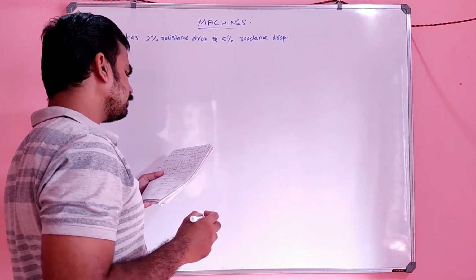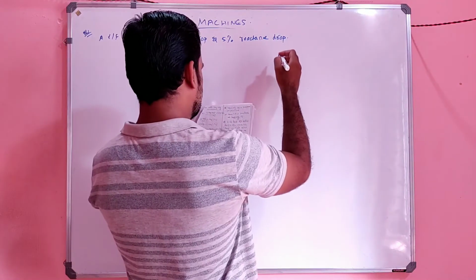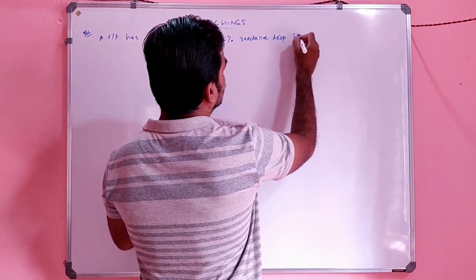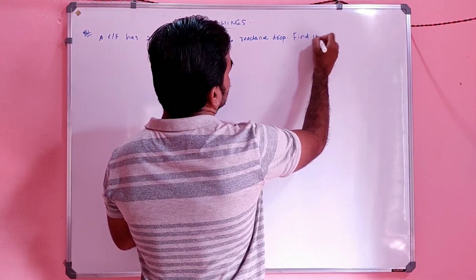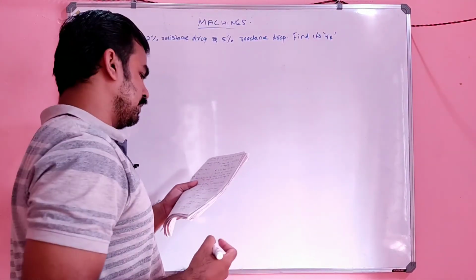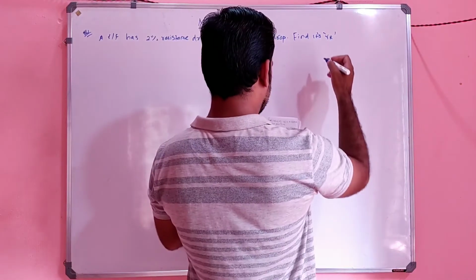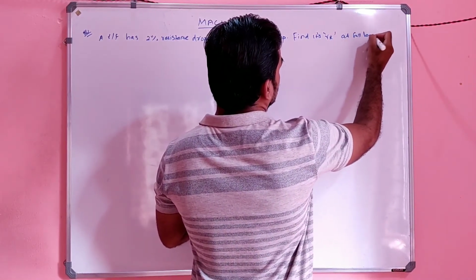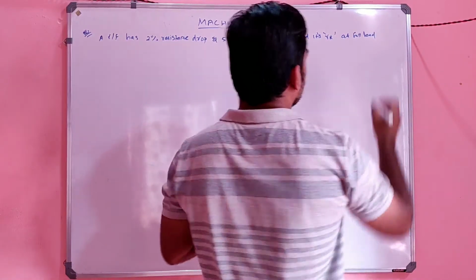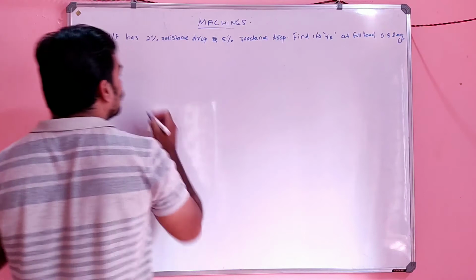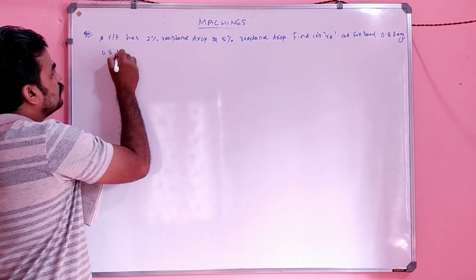Find its voltage regulation. VR means simply voltage regulation. At full load, 0.8 lag, 0.8 lead.